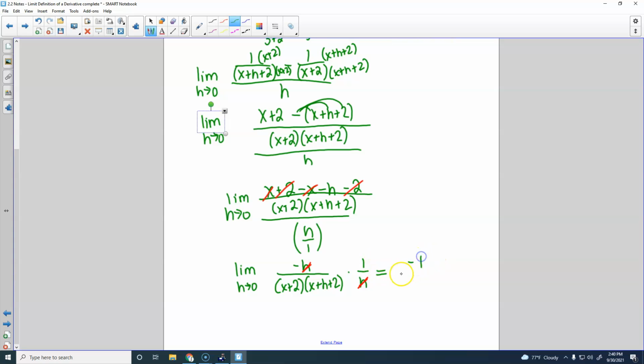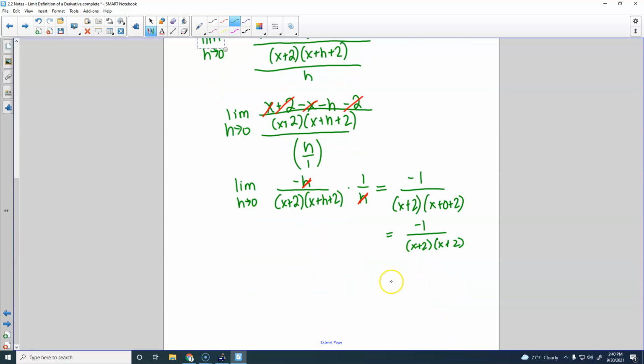So you get negative 1 over (x plus 2)(x plus 0 plus 2), which is negative 1 over (x plus 2) squared.